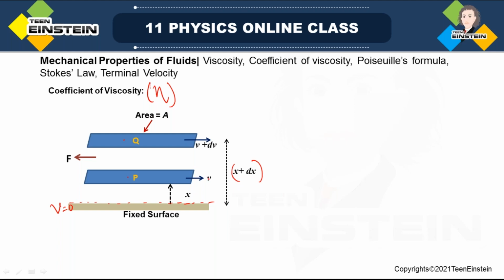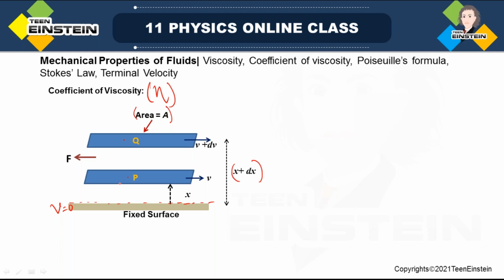Suppose the P layer is moving with velocity v, and the Q layer is moving with velocity v plus dv. The velocity will be more and more as you go away from the fixed surface, that's why the velocity is more for the Q layer. Both of them have area A, that we are assuming.